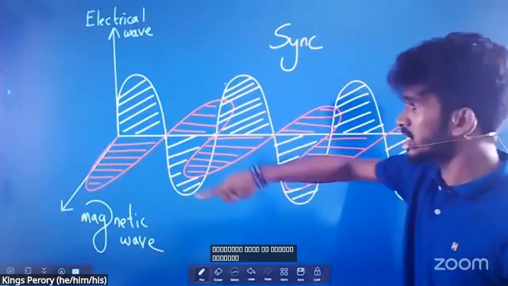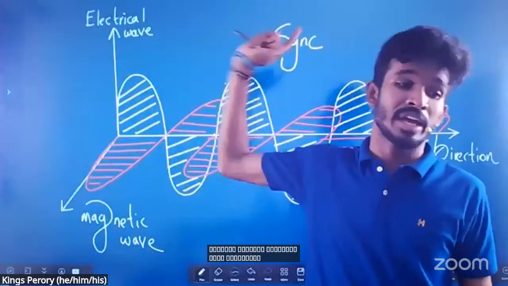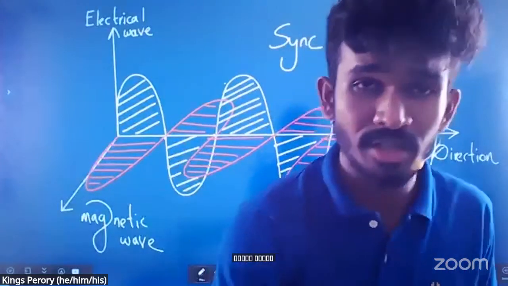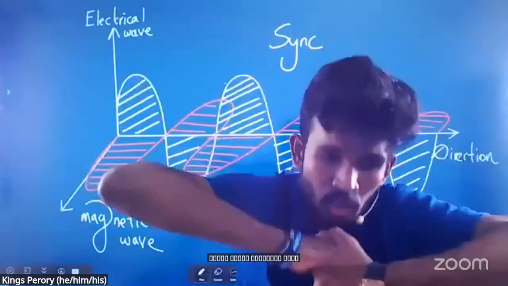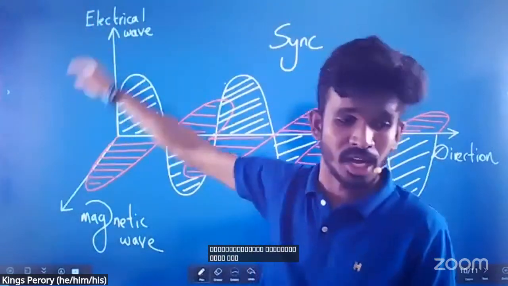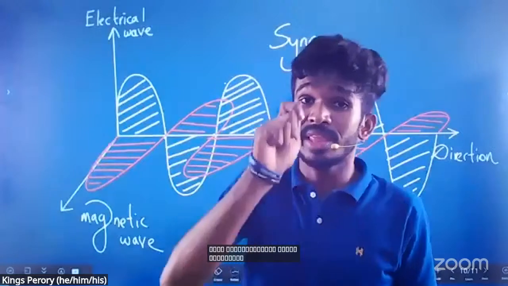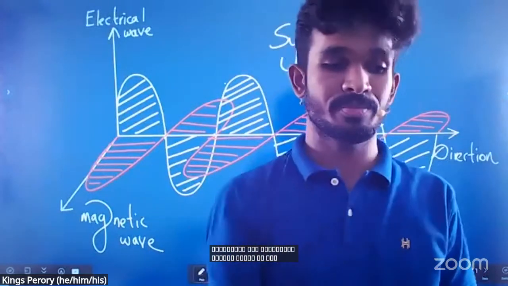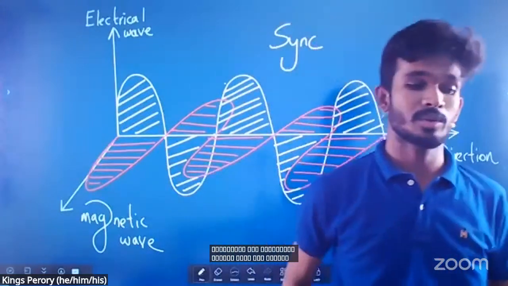These are oscillating, oscillation of electrical and magnetic wave. Again, I repeat: dual synchronized oscillation of electrical and magnetic wave that propagate perpendicular to each other is electromagnetic wave.